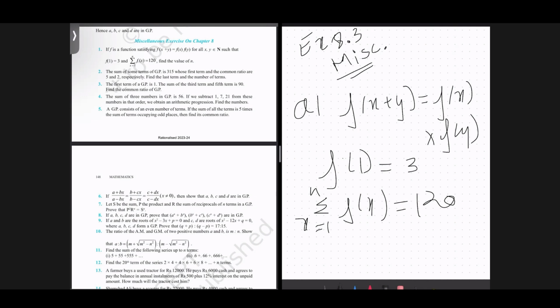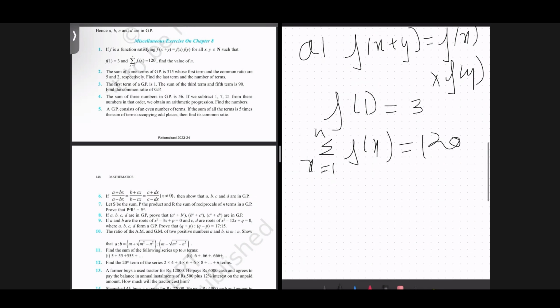Right. So let us first plug in small values of x and y into the functional equation that has been given to us, and see what we get.